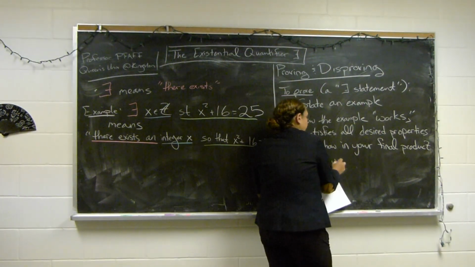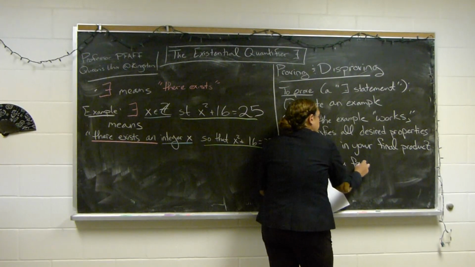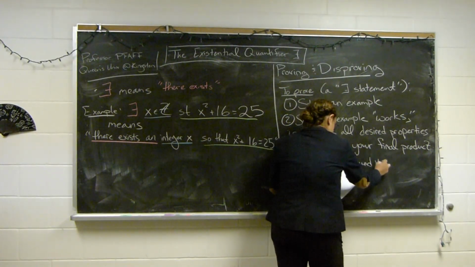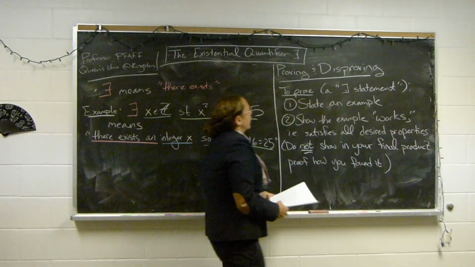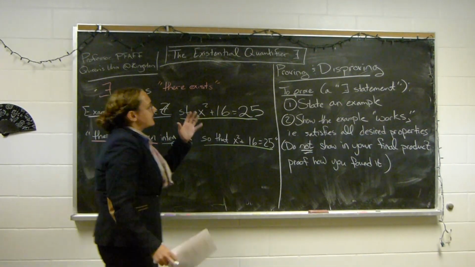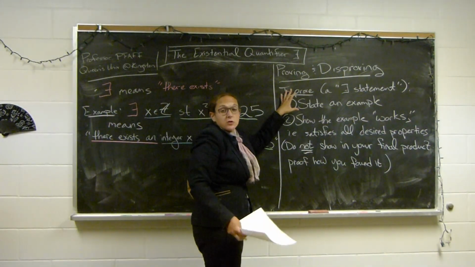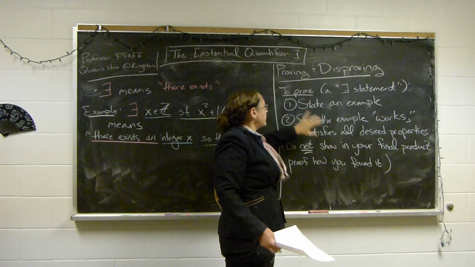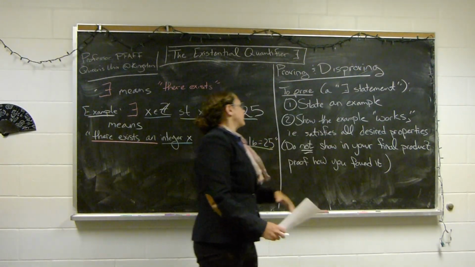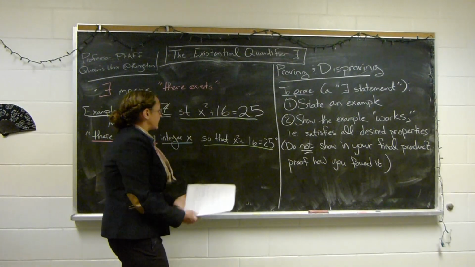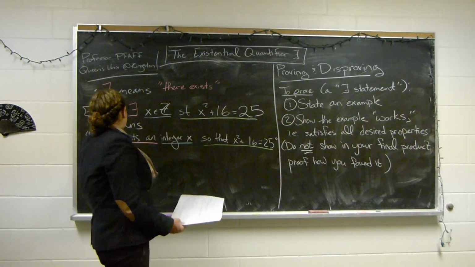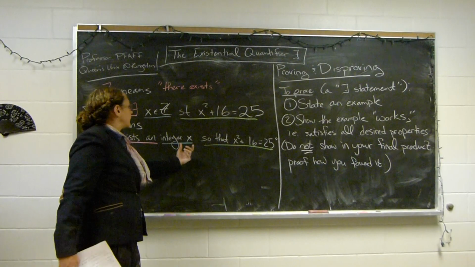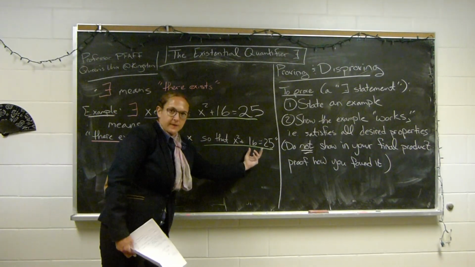You do that in private. Okay, so that's how we prove it. We state an example. In your scratch work, you're going to need to find the example, and we'll go through that. And then you need to show the example works in the sense that it actually satisfies the properties you want. So in this case, we would need that it's an integer and that it satisfies this.